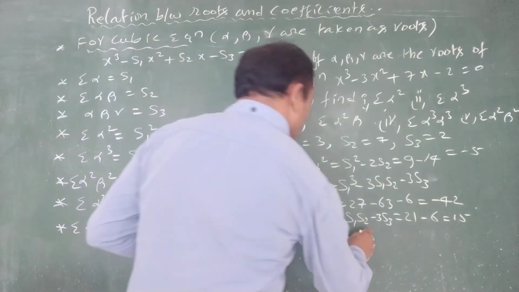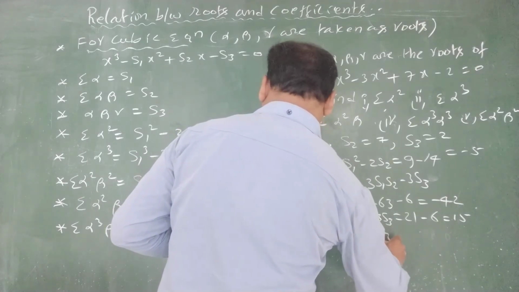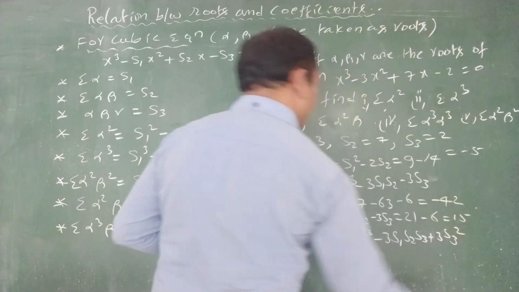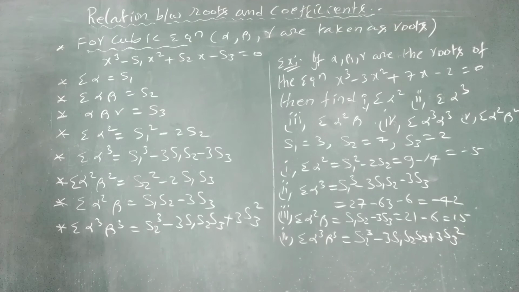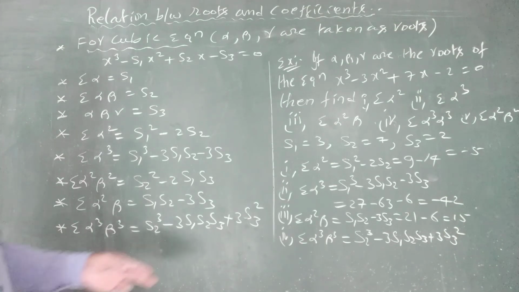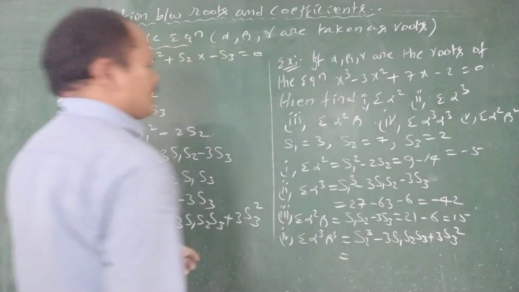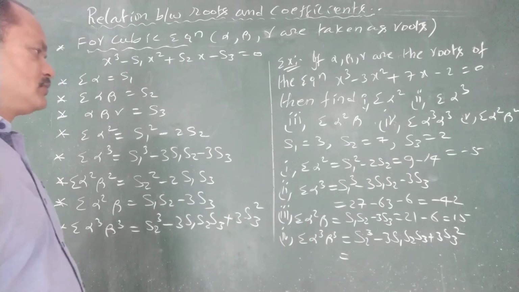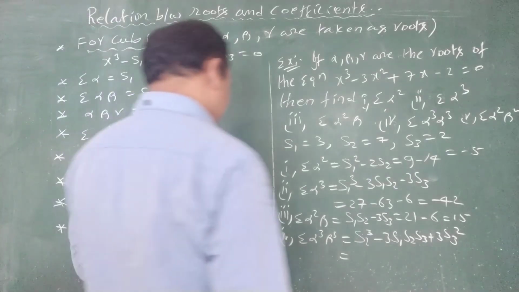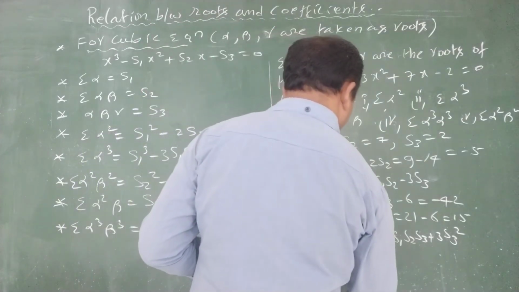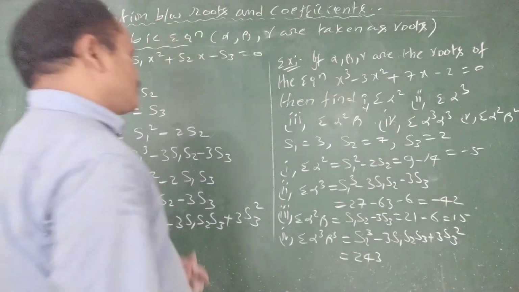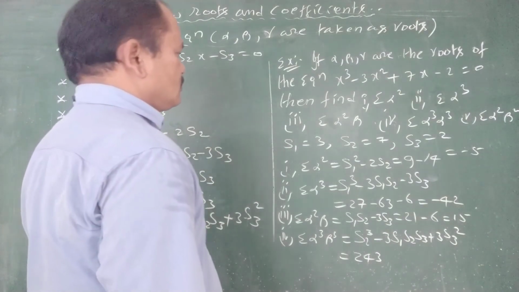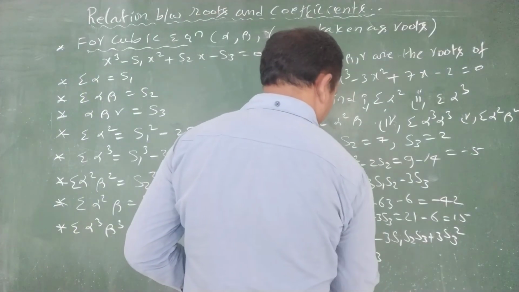That is S2 cube minus 3S1 S2 S3 plus 3S3 square. S2 cube is 343.